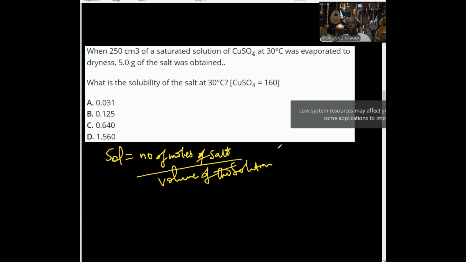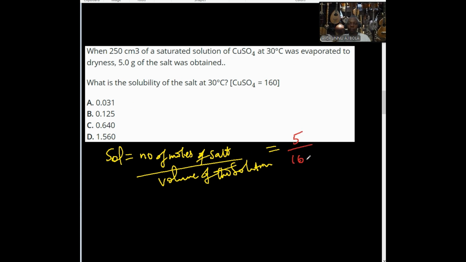Please listen. We're given 5 grams and the molar mass is 160. So this is also going to be equal to the number of moles over the volume of the solution. So what is 5 divided by 160?